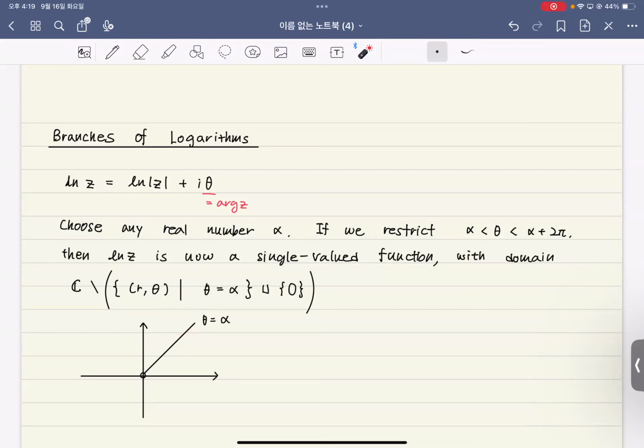So in order to have a single-valued function, and if you want that function to be continuous and analytic, then you cannot have any point on this line as a domain.